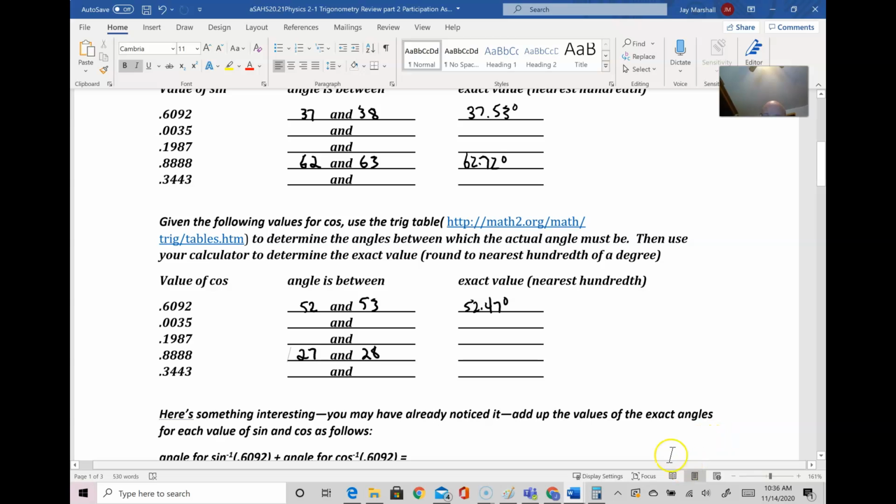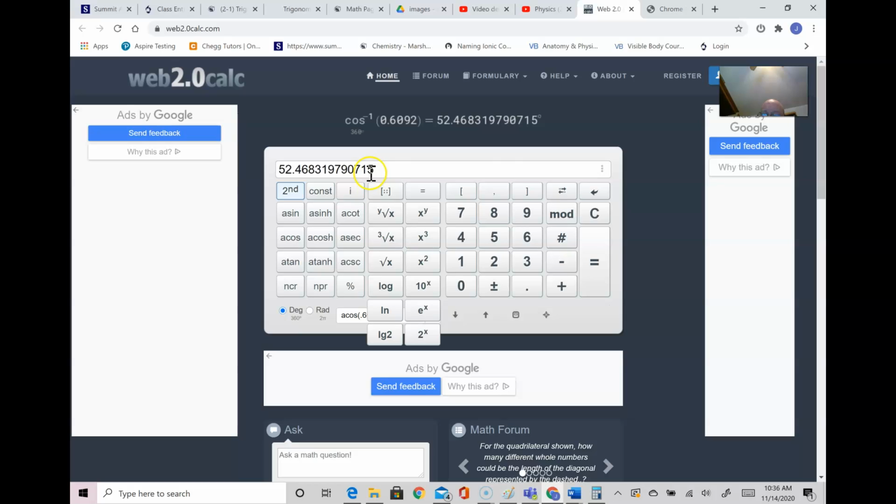Okay, and if I go to my calculator and I say second cosine and put 0.8888 in there, this time I get 27.28 degrees.